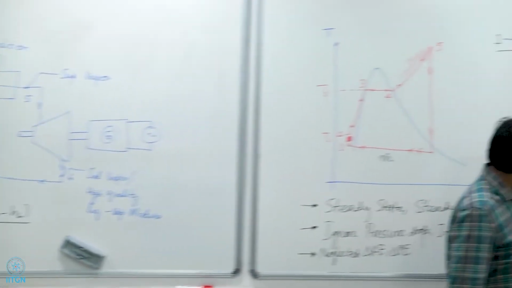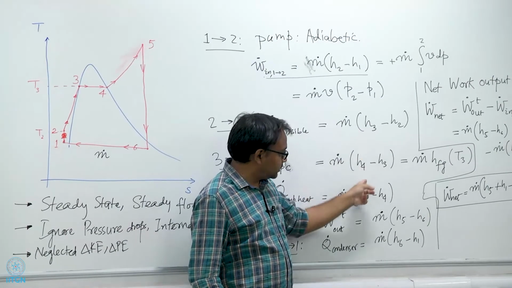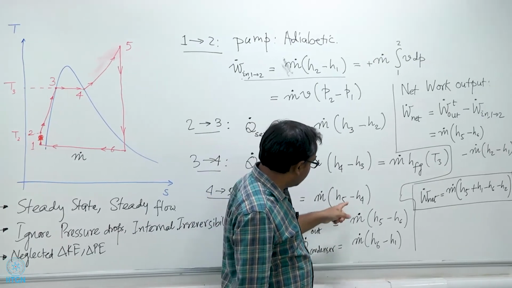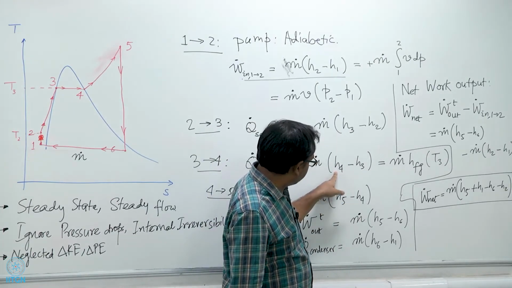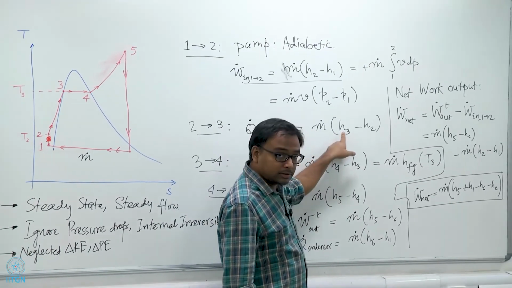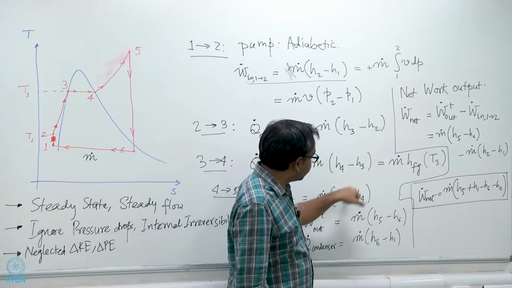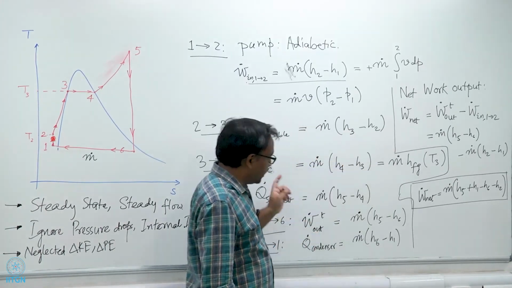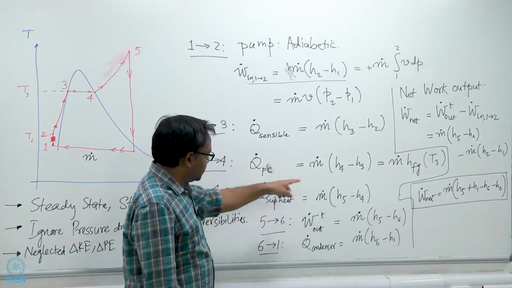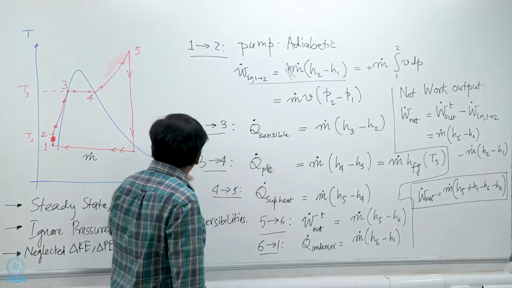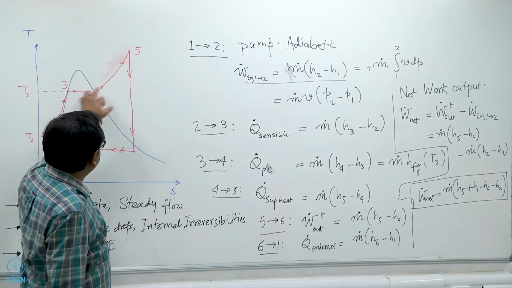So, what we are doing now is we are adding these three equations. I can see that if I add, H4 and H4 cancel out, H3 and H3 cancel out. So, I have H5 minus H2 basically, okay. And remember that these are cancelling out because throughout this entire process the mass flow is the same.